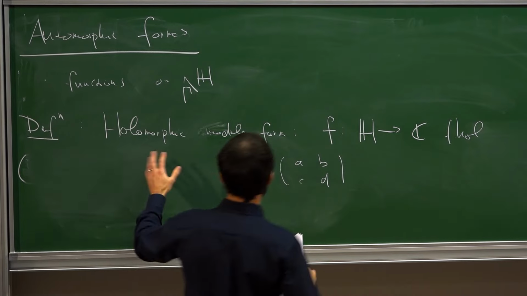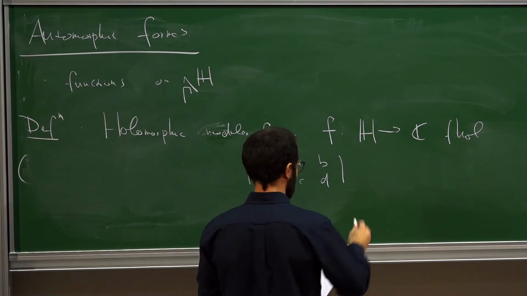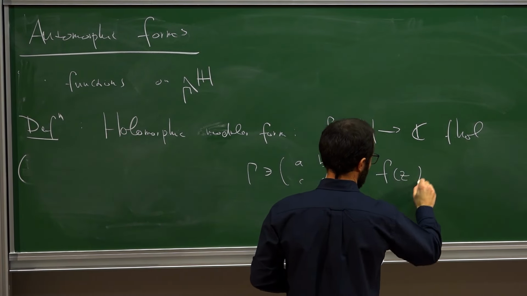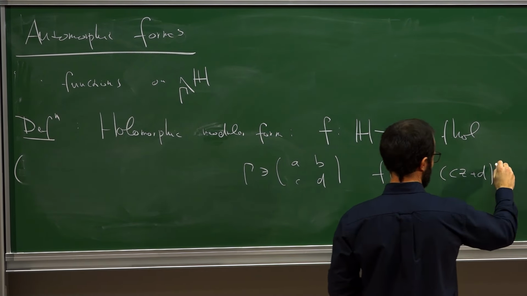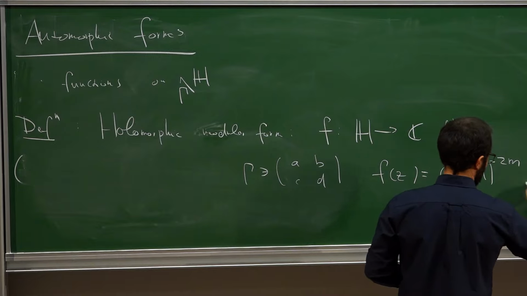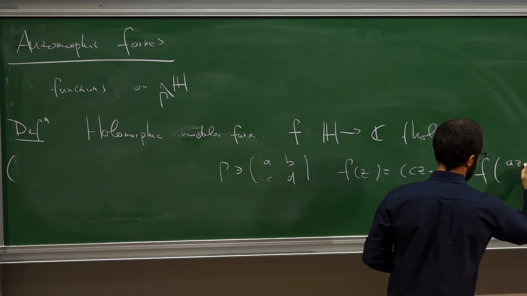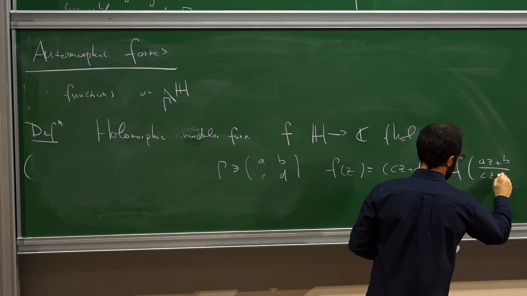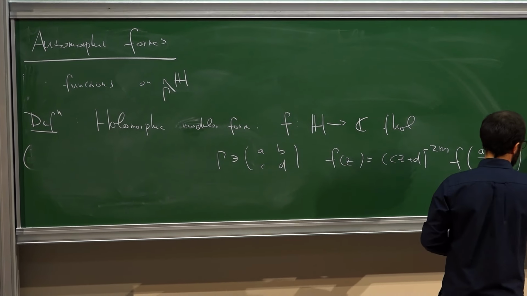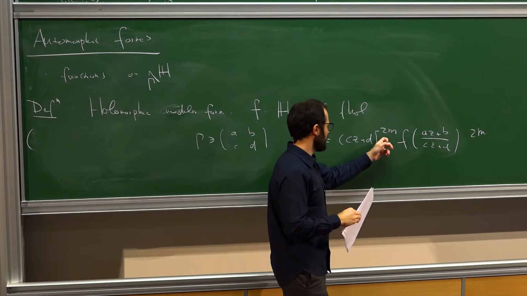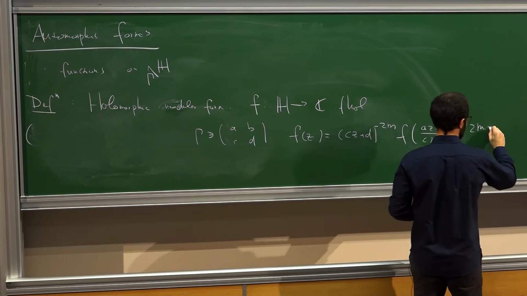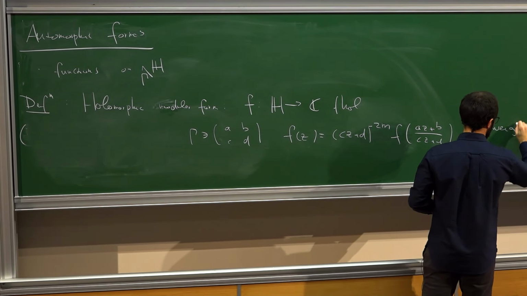So a modular form for gamma is such that f of z is the same as this transformation of f. This m is called the weight of the modular form, or rather 2m. I'm going to denote the weight by 2m.